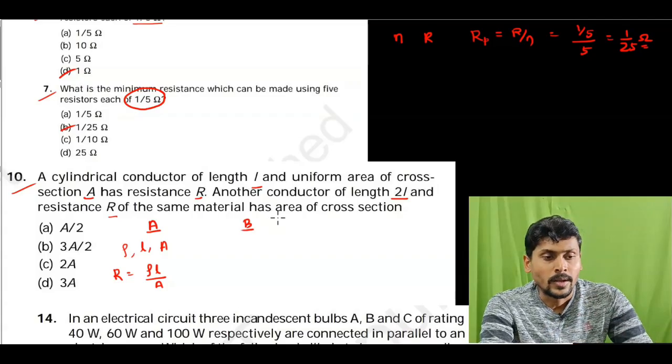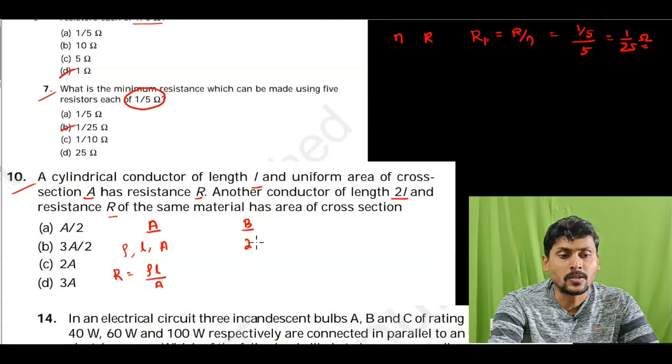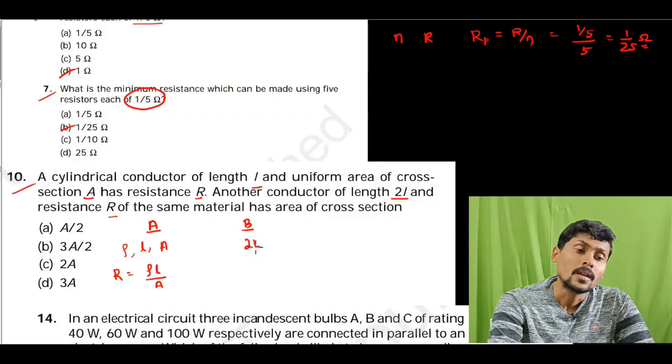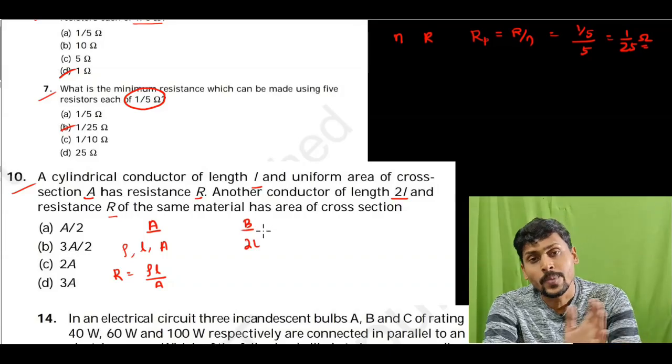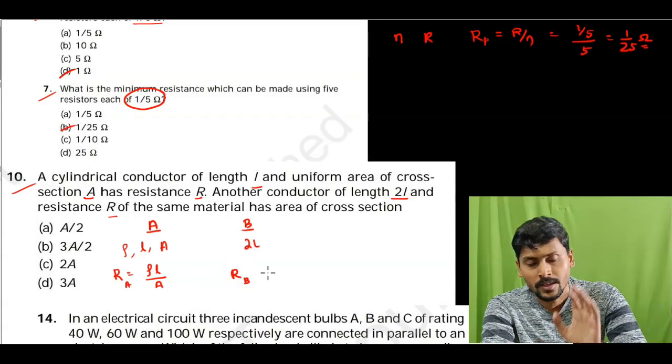Now look at the question. Another conductor of length 2L, this conductor B has length 2L and it also has the same resistance R. It means the resistance of A and that of B are equal. So RA and RB are equal.